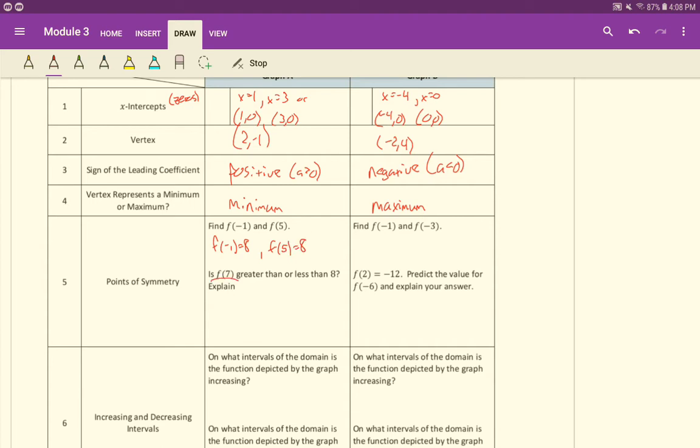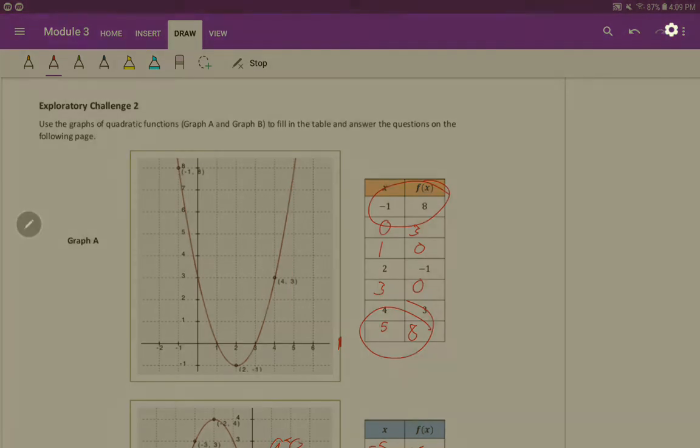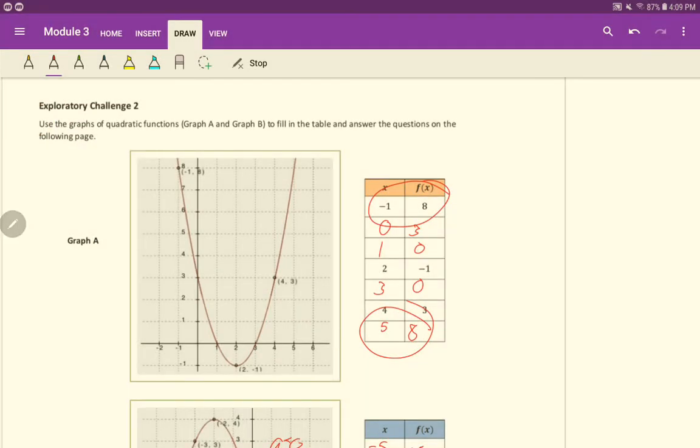Okay, is f(7) greater than or less than 8? Explain. Well, let's take a look here. So f(7) is what we want to look at. Here at 5, we're already at the y value of 8. At 7, which would be out here, our curve is going to be up and up and up more. So what do we expect?